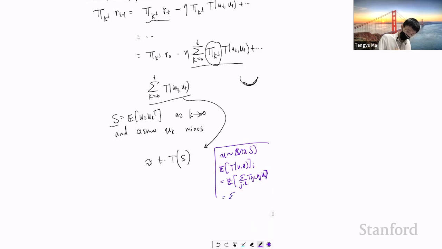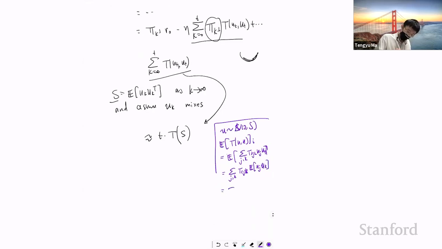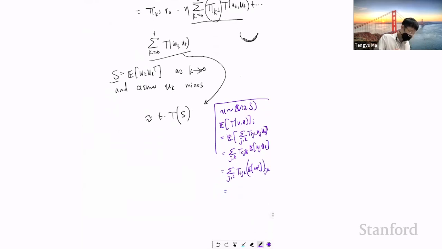You switch the sum with the expectation, and you have the sum over j, k of T_ijk times the expectation of u_j u_k, and this is the sum over j, k of T_ijk times the jk coordinate of the expectation of U U transpose. You denote this by T of the expectation of U U transpose. So you can also apply the tensor on a matrix, and the definition is really just this.